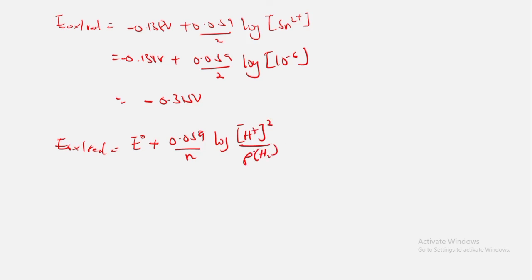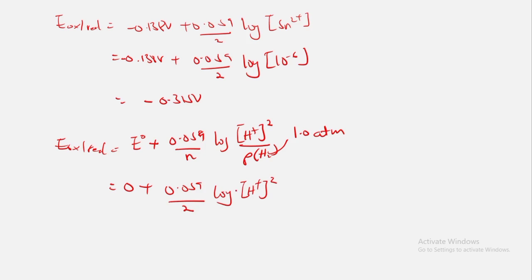And the pressure of hydrogen gas was given to us in the question as 0.8 atm. So in that case, here you're going to be 1, and log 1 is 0, right? So when you expand this, we have this also to be 0 for hydrogen. So you're going to get 0 plus 0.059, and the number of electrons transferred was 2, then log H plus exponent 2.